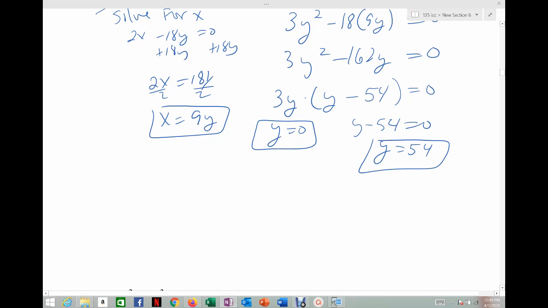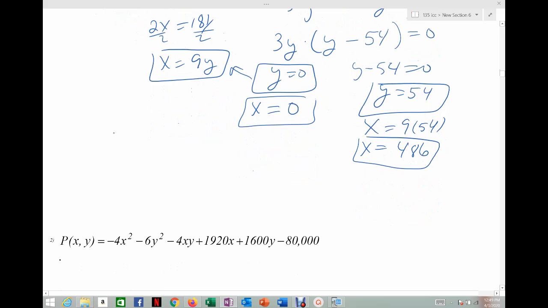Well, that's only half the point. To find the other half of the point, I have to plug them into this expression. So when y is 0, x will come out 0. When I plug 0 in for y, I get 0. When I have 54, that one I have to do a little work. My x value is 9 times my y value, so 9 times 54, so my x value is 486.